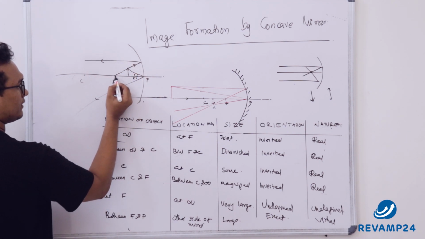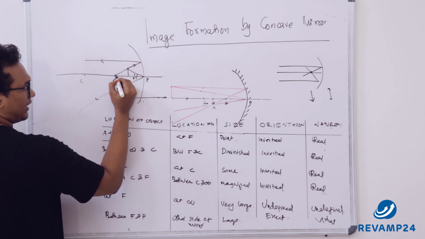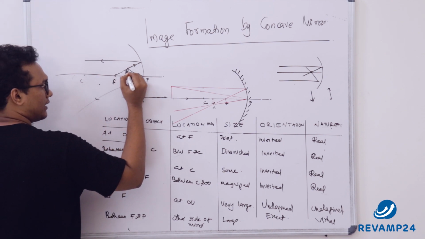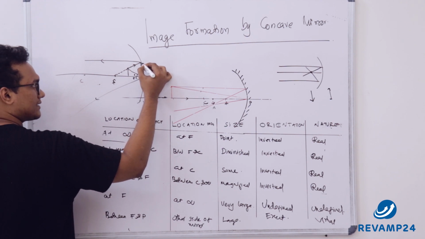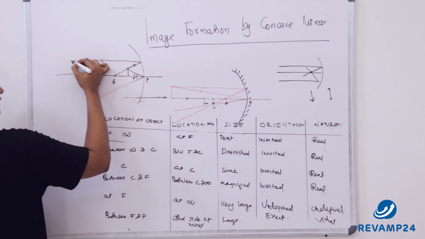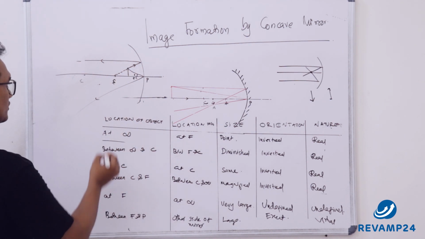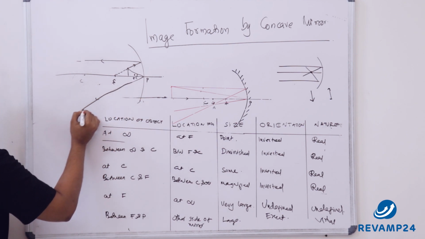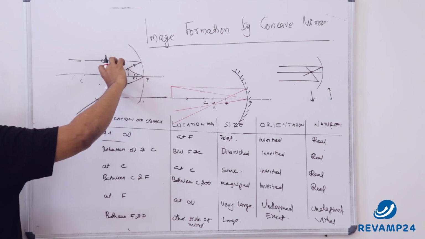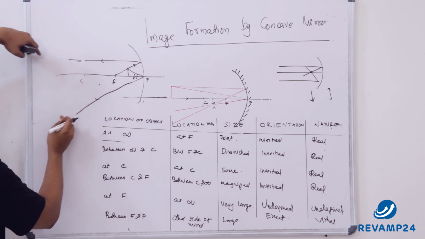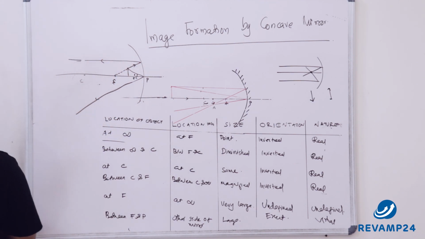So for the ray passing through focus, actually a ray comes and meets the object here, and now from the object the ray is coming in this direction, and after reflection that is going in this direction. So we know that these two rays can never intersect. See, now the distance is shorter, larger, larger, larger. So as the distance goes, this will become larger and larger.